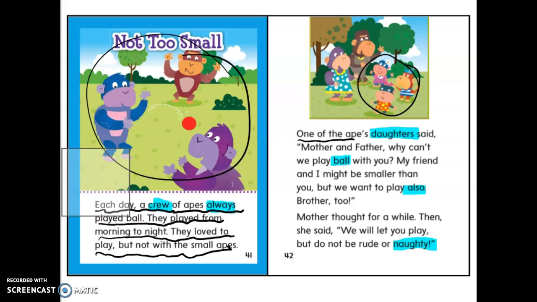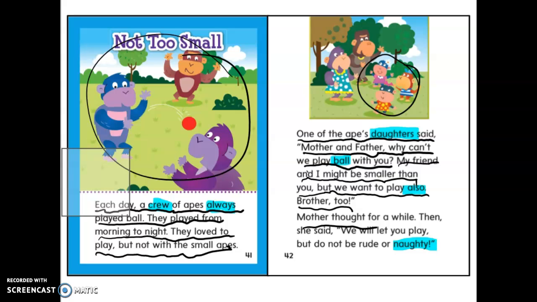One of the ape's daughters said, Mother and Father, why can't we play ball with you? My friend and I might be smaller than you, but we want to play also, brother, too.